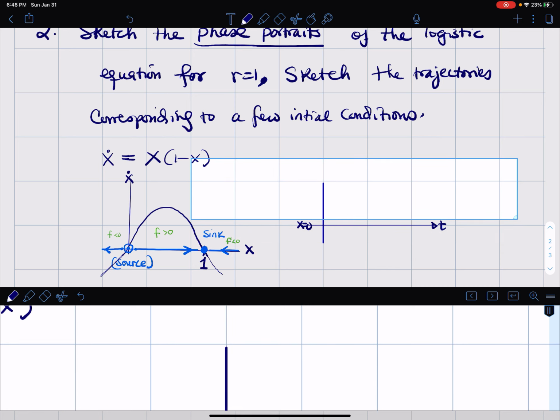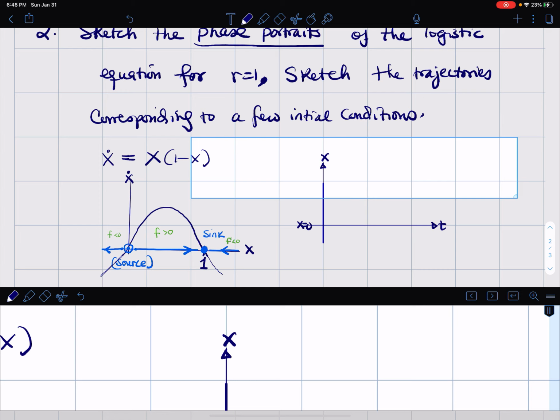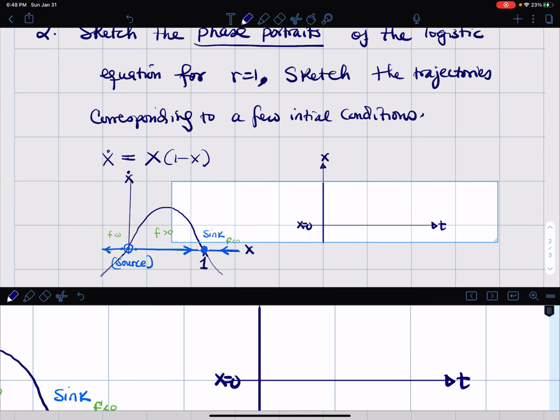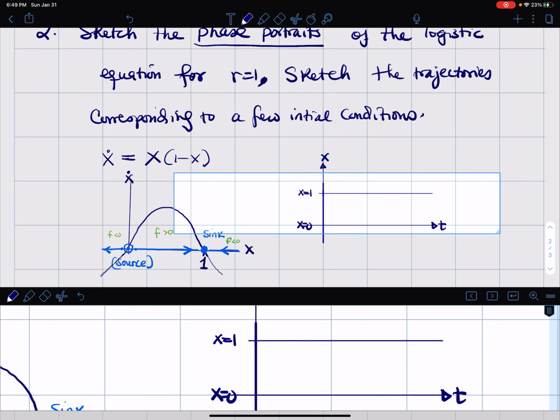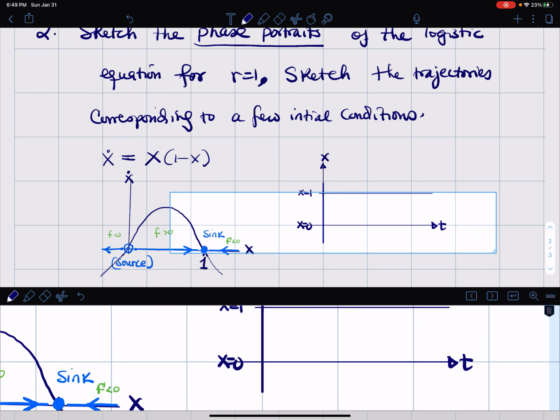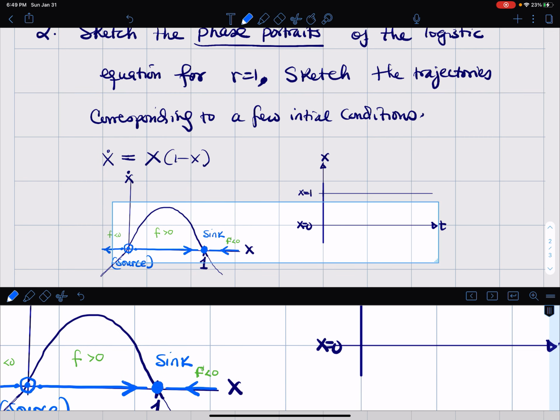This is our x-axis. All right, this is x equals 0 and x is equal to 1. So we can draw a line over here. All right. This is x is equal to 1. Okay. So now let's see what we're doing again. We have these trajectories.